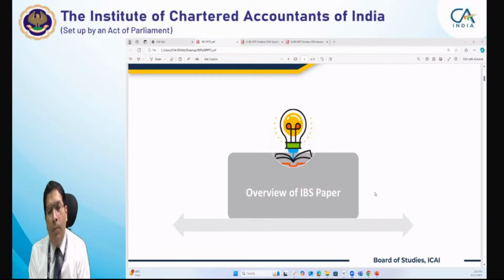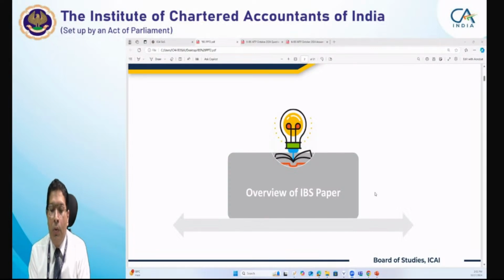The IBS paper, CA Final Paper 6, follows a multidisciplinary case study format. What this means is that you will not be dealing with individual subjects like FR, law or direct taxation in isolation.